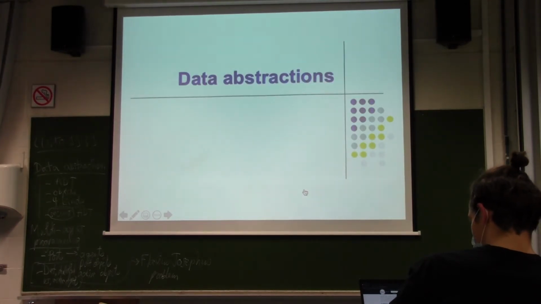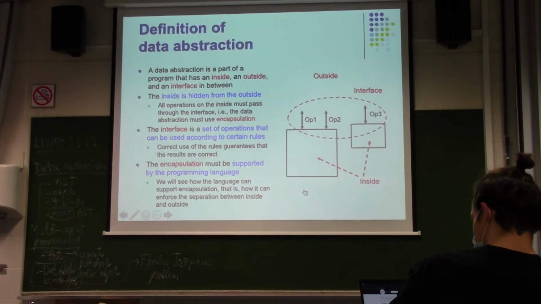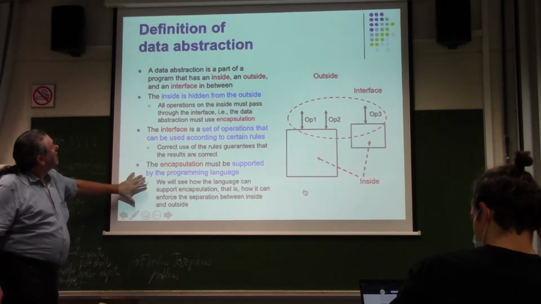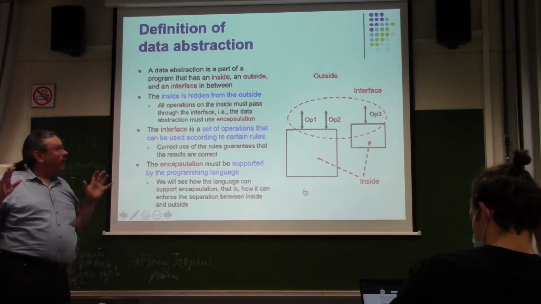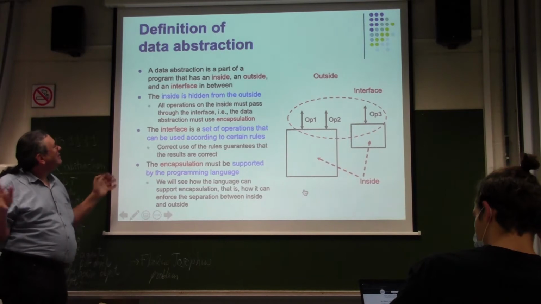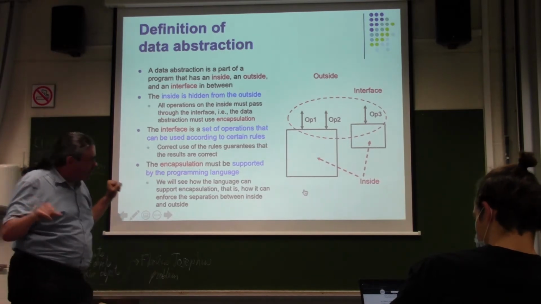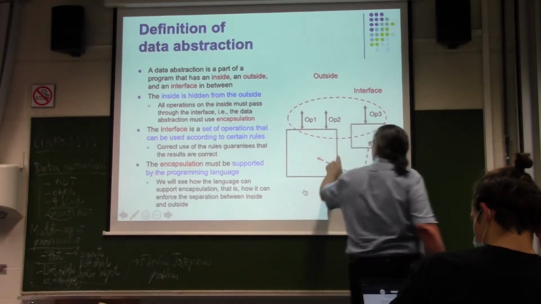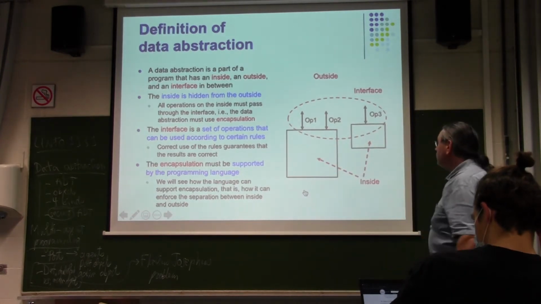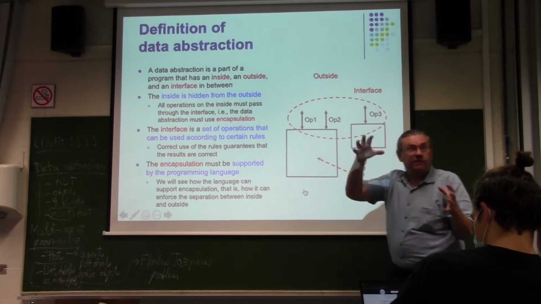So let me define first data abstraction. This is a kind of refresher. A data abstraction is part of a program, and it has an inside and an outside, which is the rest of the program, and an interface. So here's an example. This is code in here and here. This code does not have to be together.